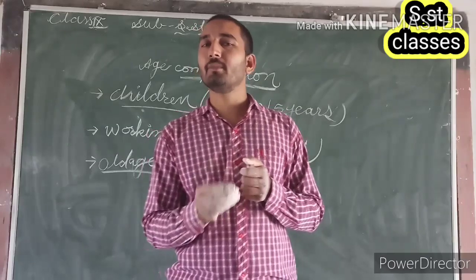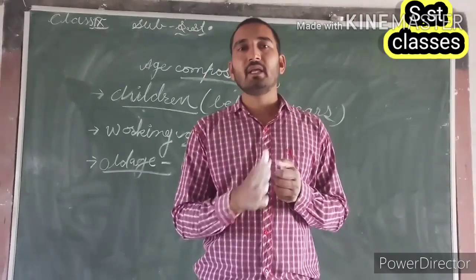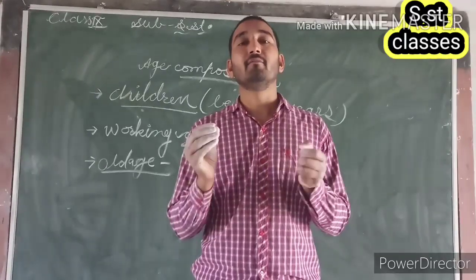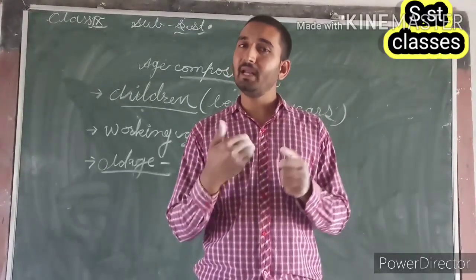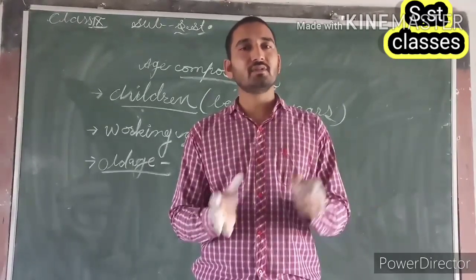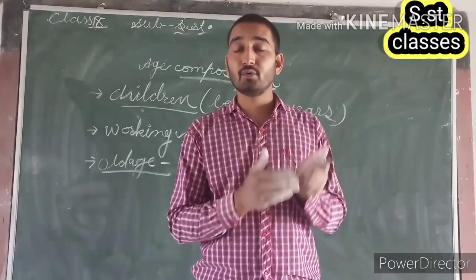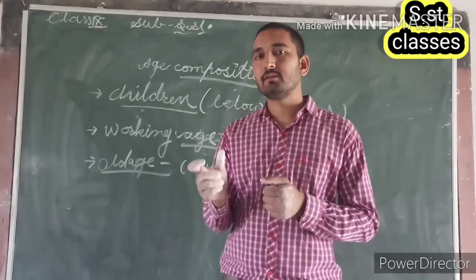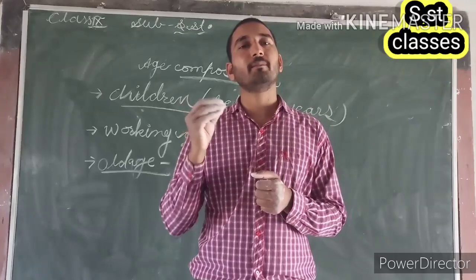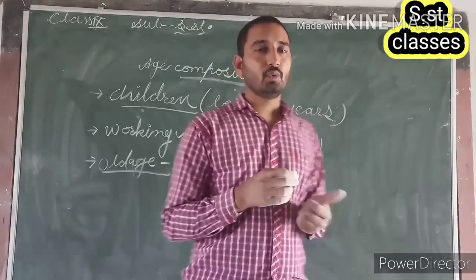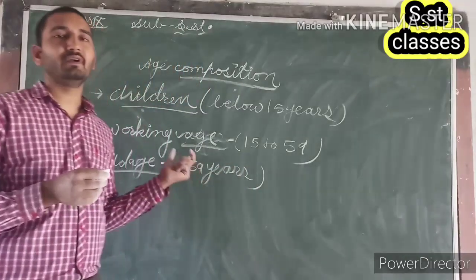They can be economically productive, but they are not capable of providing employment by recruitment. They can provide employment, but according to the different rules, regulations and recruitment laws, they are incapable. They provide their contribution in the production voluntarily. So this is also a category of dependent group.